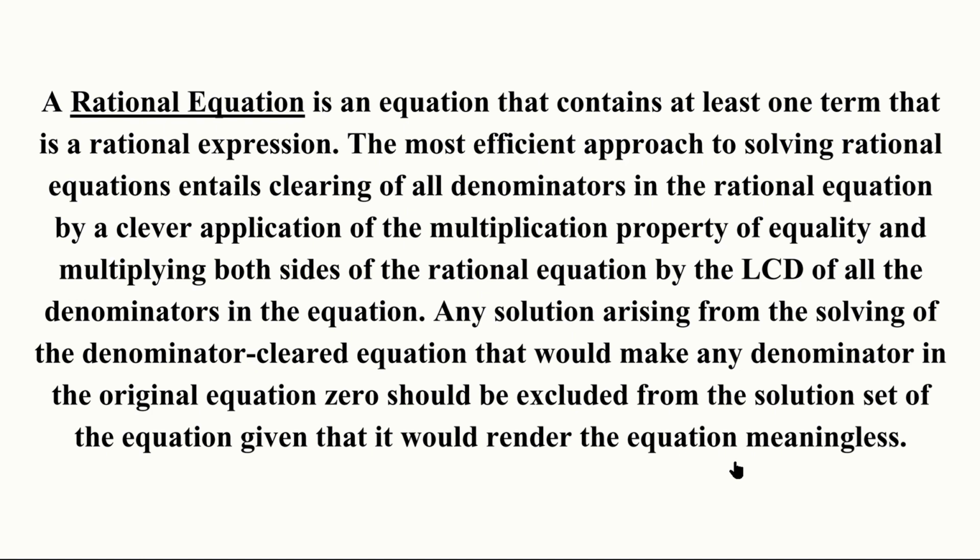So remember, every time you modify an equation, like by multiplying both sides by a given expression, or by squaring both sides, or any kind of modification, you really need to check your solutions at the end of your work, because you haven't quite solved the original equation directly. You've solved a modified version of the original equation. So it's always important to check your solutions at the end.